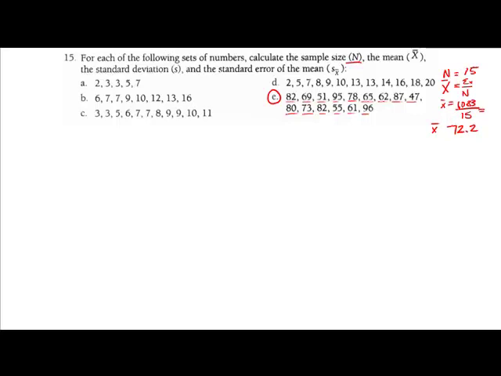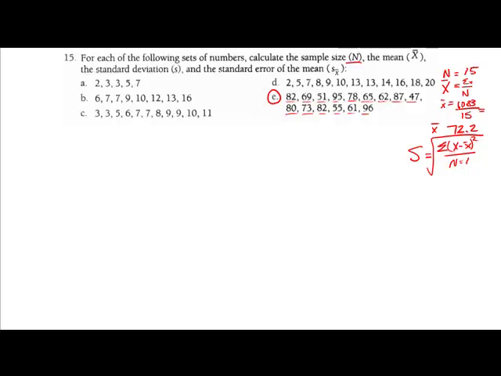The next thing I need to calculate is the standard deviation. We'll go all the way back to chapter 4 for that one. To calculate the standard deviation, s equals the square root of the sum of the differences squared divided by n minus 1.